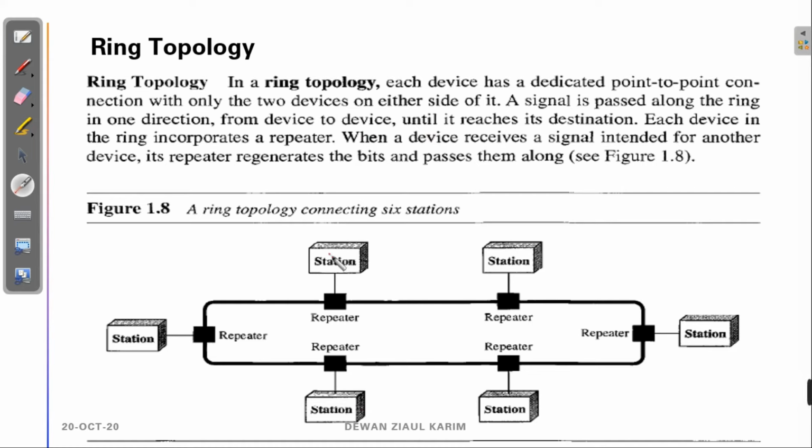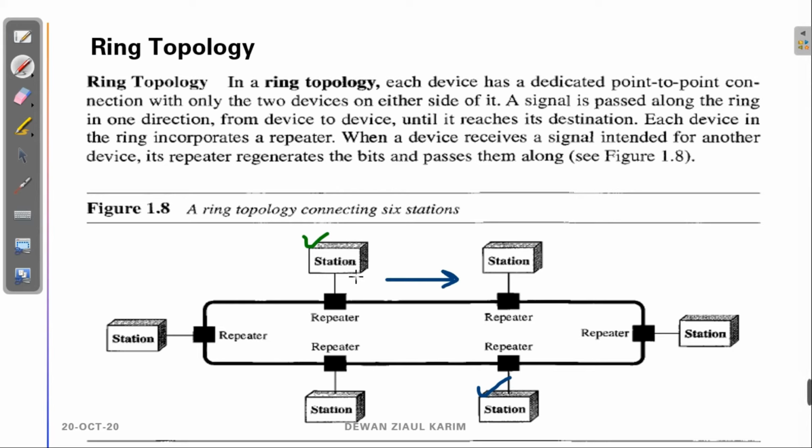Okay, so let's say I want to send data from this station over here to this one, from green to the blue one. So how will it work? Let's say that my connection works in this way only.